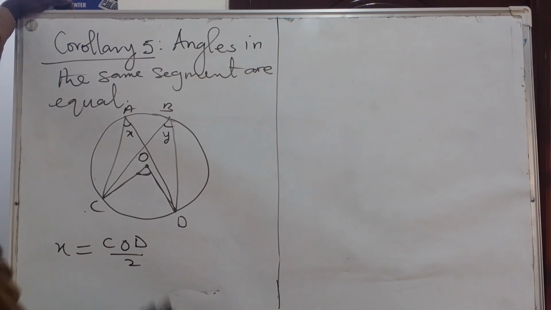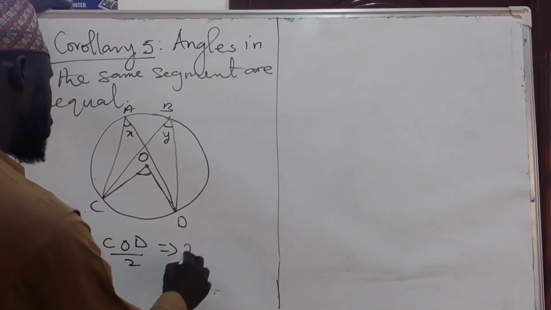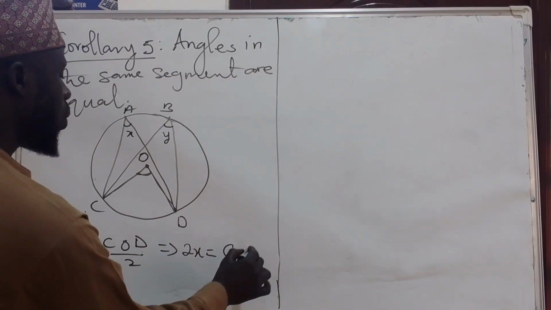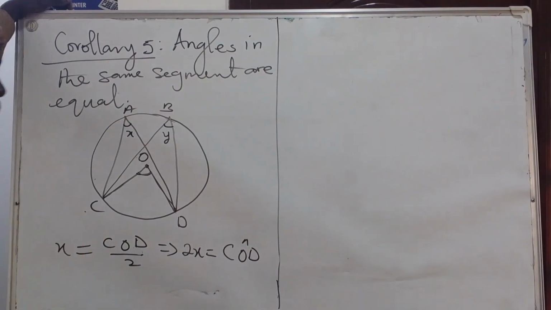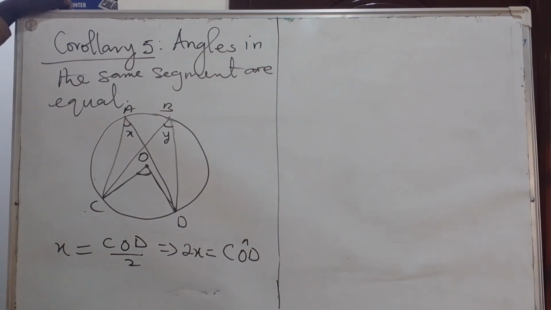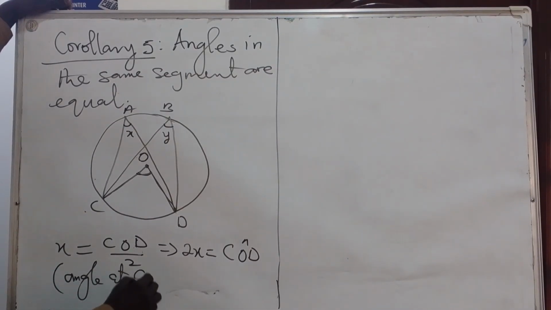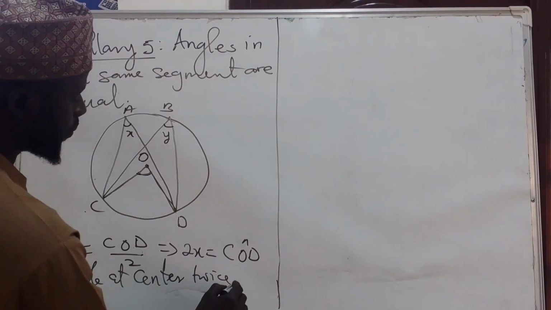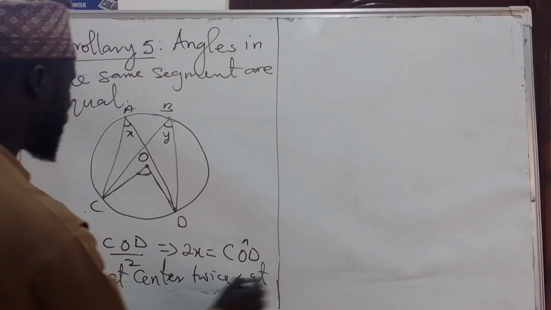Which means 2x is equal to angle COD. The reason is angle at center twice angle at circumference.